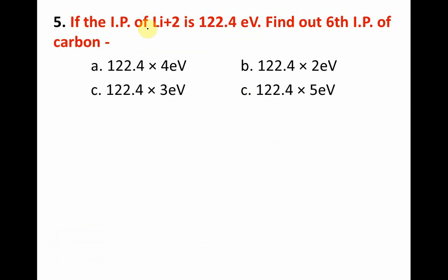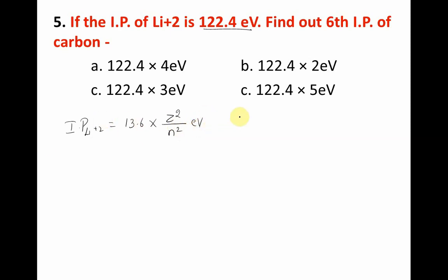Next, the ionization potential of the Li2+ ion is 122.4 electron volt. How to calculate? The ionization potential of a hydrogen-like ion such as Li2+ is always equal to 13.6 times Z square by n square electron volt.